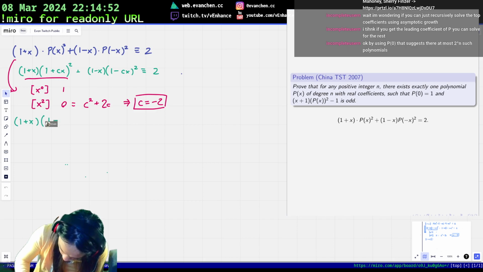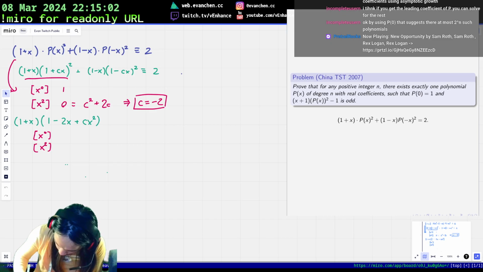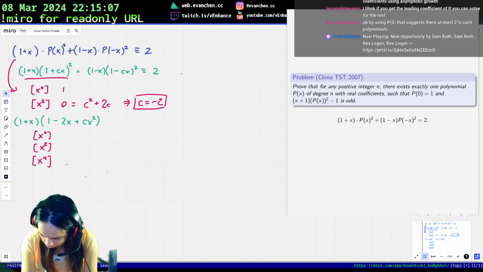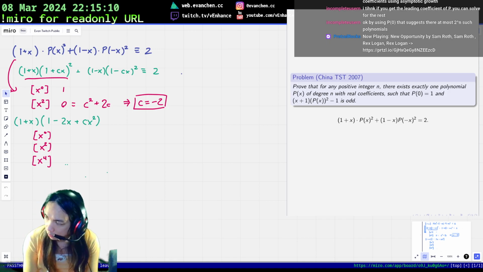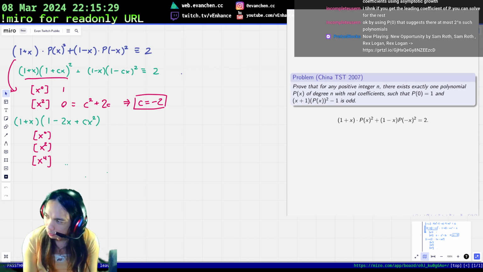So the next coefficient, if I call it c x², again I look at the... Wait, I feel like I am clowning or something.